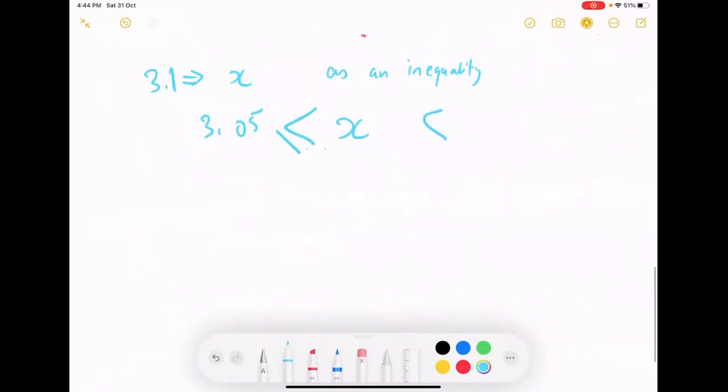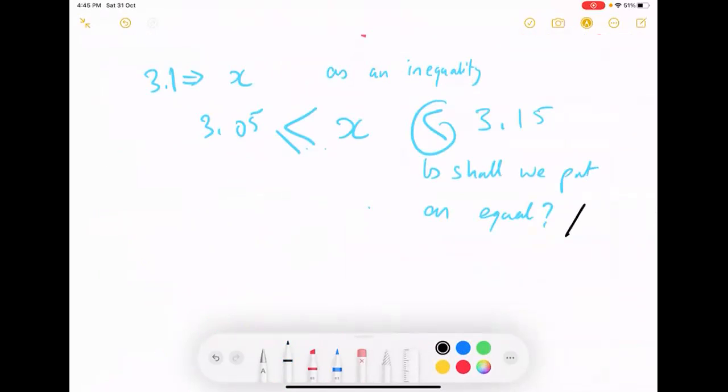So we will say here 3.15. But shall we put it equal? No. Why?